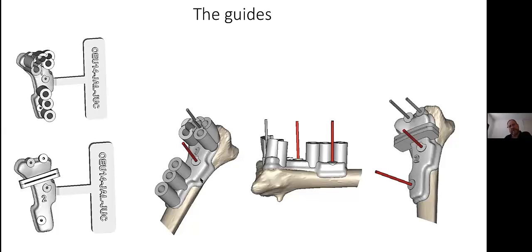The way to know where the guide will fit is to clean the bone really thoroughly, and then you press the guide until it almost snaps in place, because then it fits all around, and you have to check that really carefully, otherwise the planning won't work, of course.